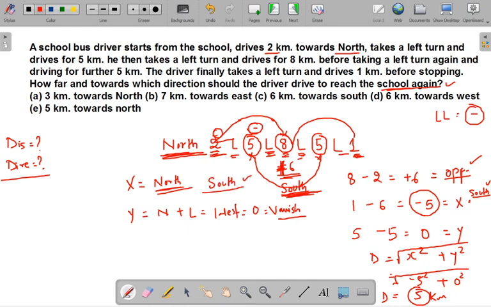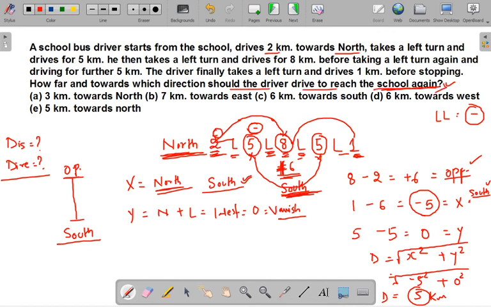Now, with respect to its original position, this person is on the south. If this is the original position, this person is now towards the south, and the question is, pay attention, in which direction should the driver drive to reach the school again?